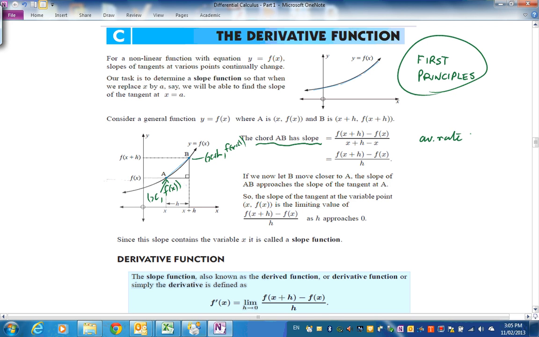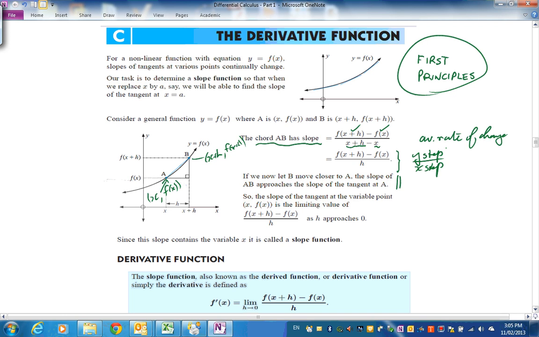Remember, average rate of change, because the curve didn't actually go that way. That was across the top of the curve. The slope of the chord is y of the second point minus y of the first, x of the second point minus x of the first, as before. So this is only a y step on x step expression, generalised for a function y equals f of x.